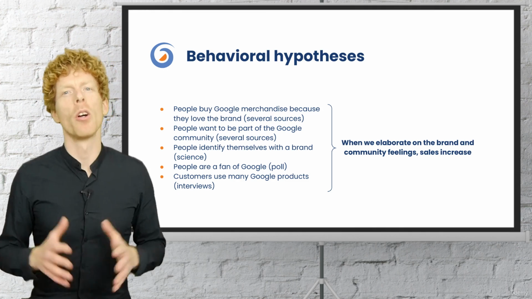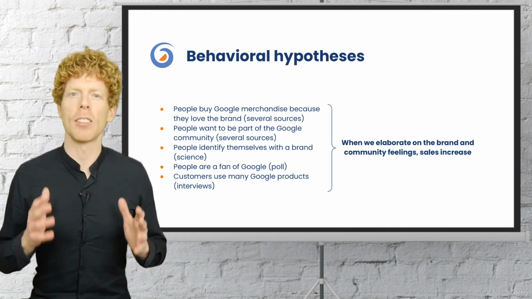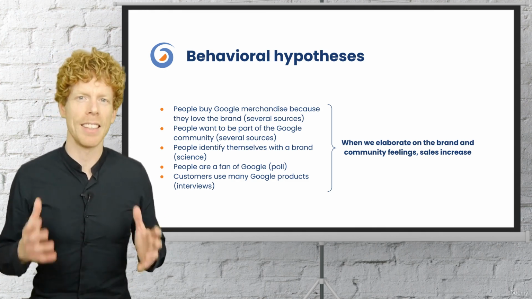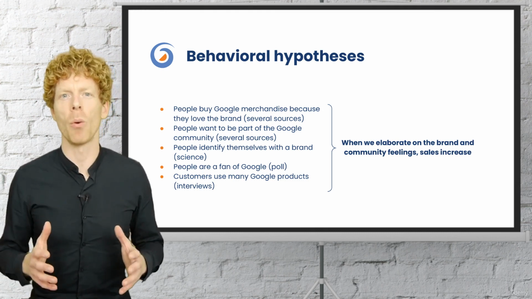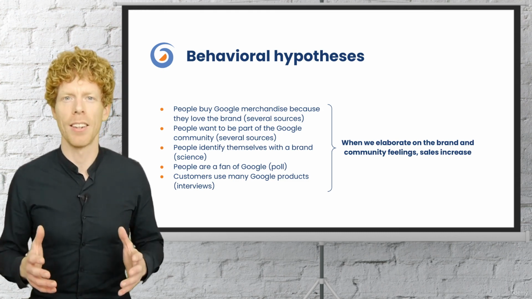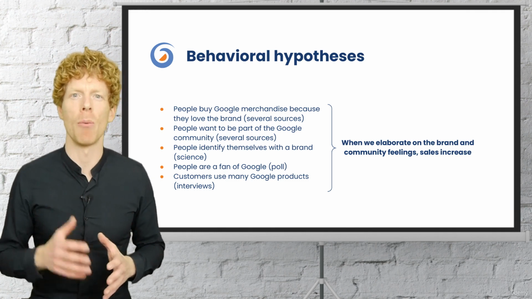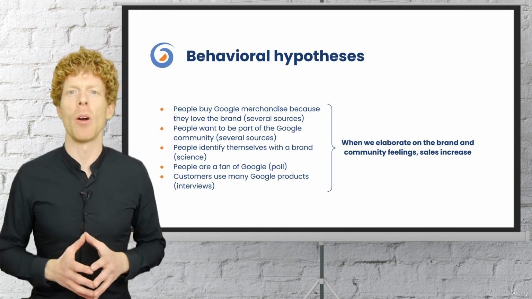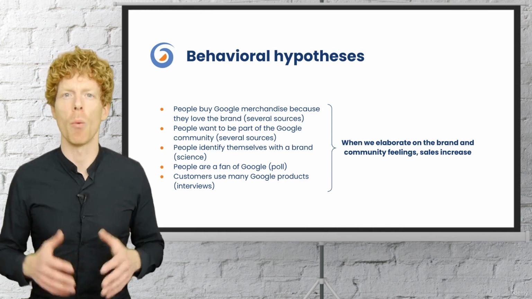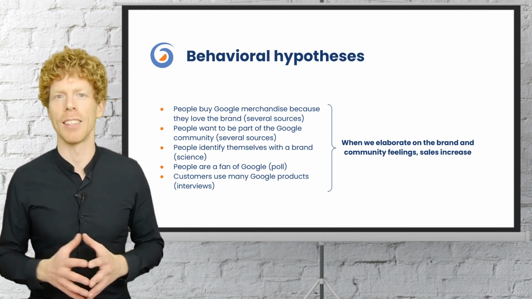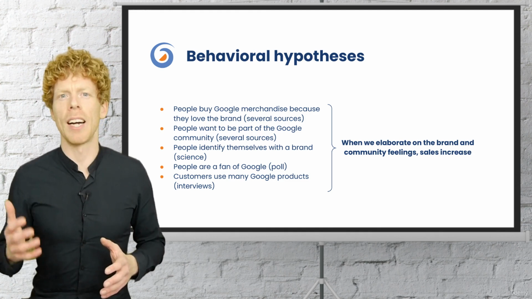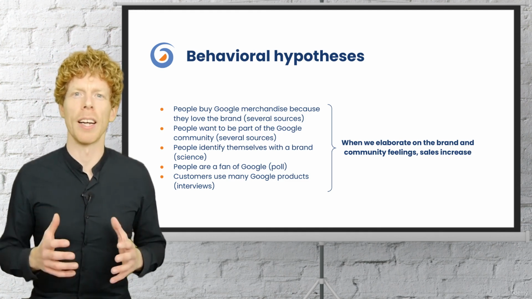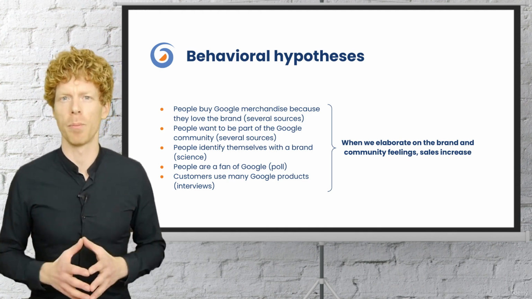So, for example, for the merchandise store, we had several research findings and insights indicating that people buy Google merchandise because they love the brand and want to be part of the Google community. In science, we noticed that people identify themselves with a brand when buying merchandise. We also saw merchandise is bought as they want to feel like they belong to a group.